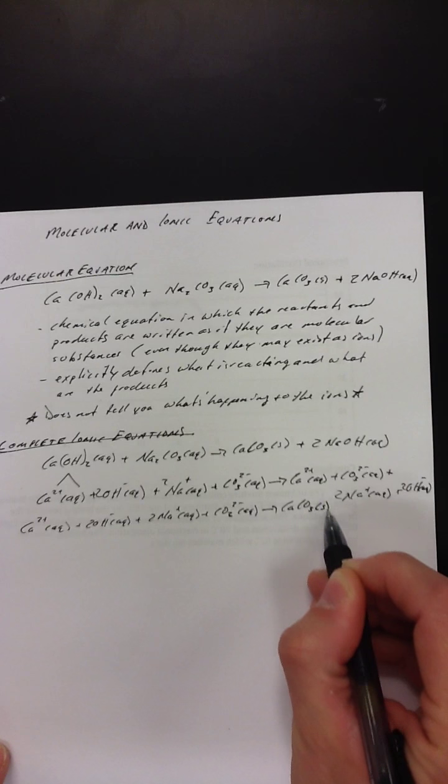The complete ionic equation is a chemical equation in which strong electrolytes, such as soluble ionic compounds, are written as separate ions in the solution.